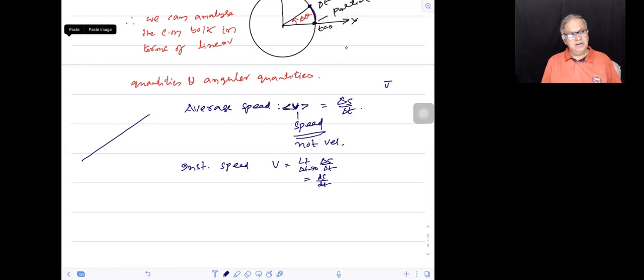A particle goes in a straight line, no angle described anywhere. But the moment the same path bends into a circle, at the center of the circle even an angle is being described. So when you are looking at the motion of a fan, you'll understand that.